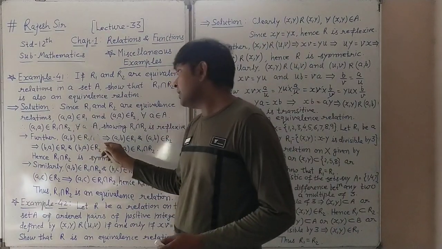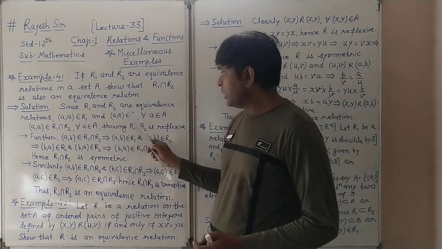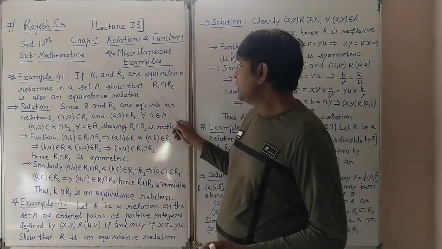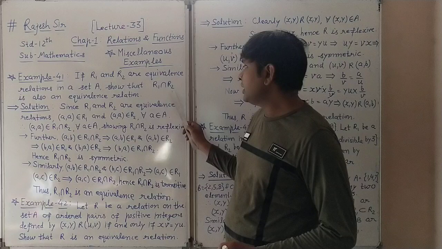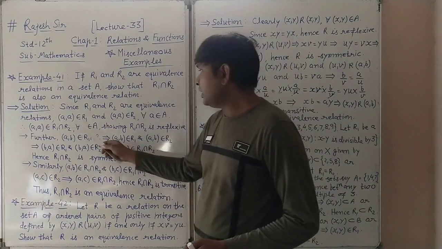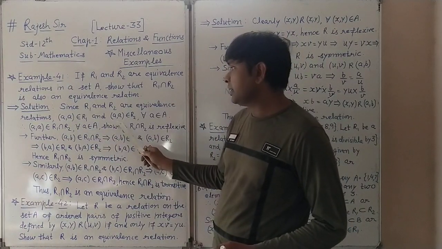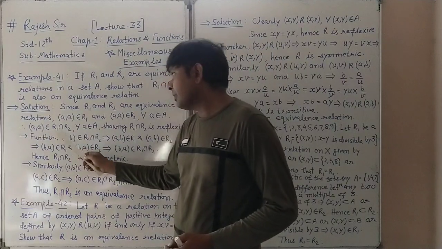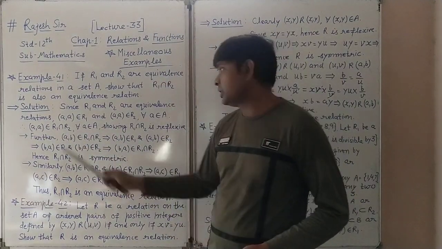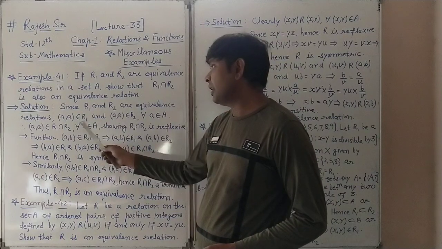If (a, a) is in R1 and (a, a) is in R2 also, the intersection, the common part of R1 and R2, comes. In R1 (a, a) is there, in R2 also (a, a) is there. So (a, a) belongs to R1 intersection R2, because in the intersection both the common things of R1 and R2 will come.